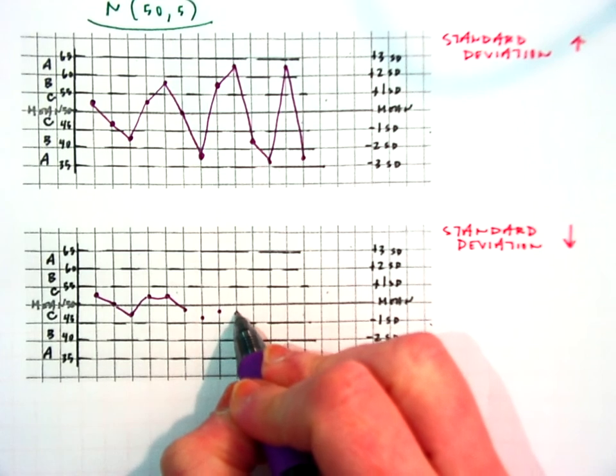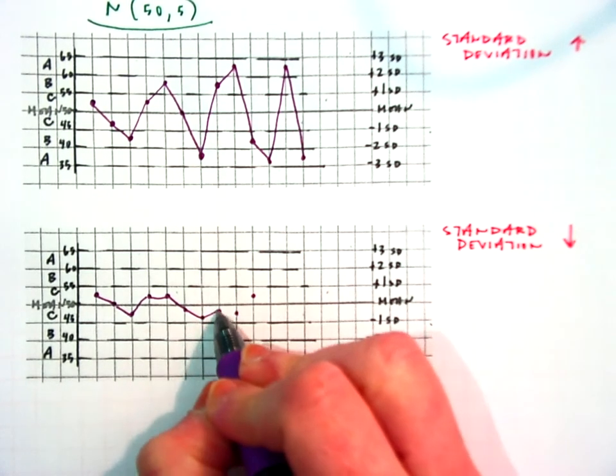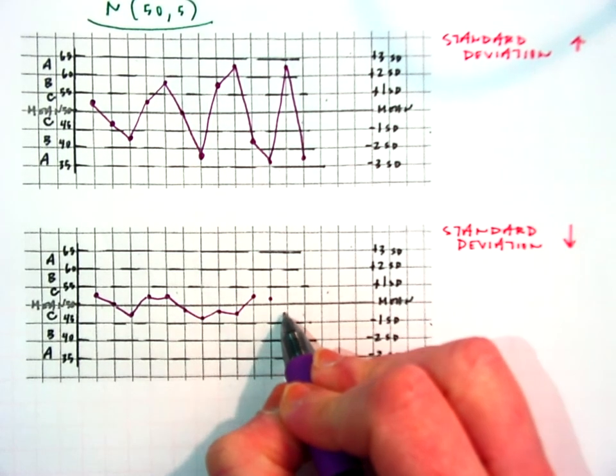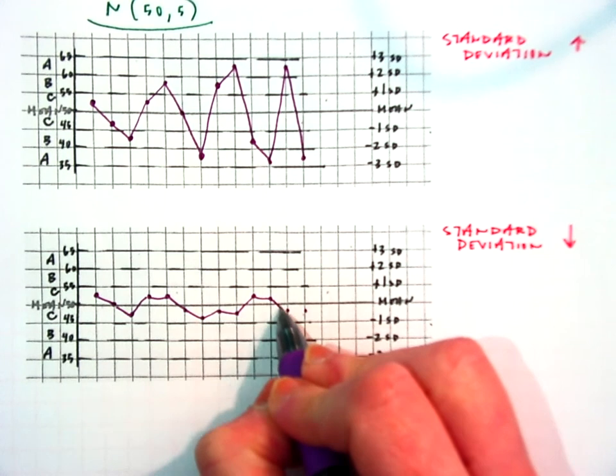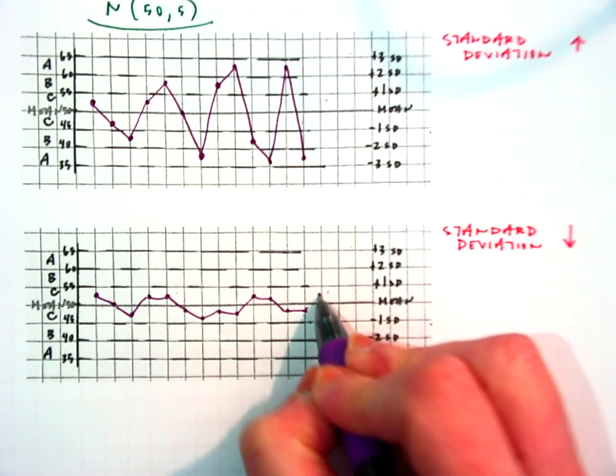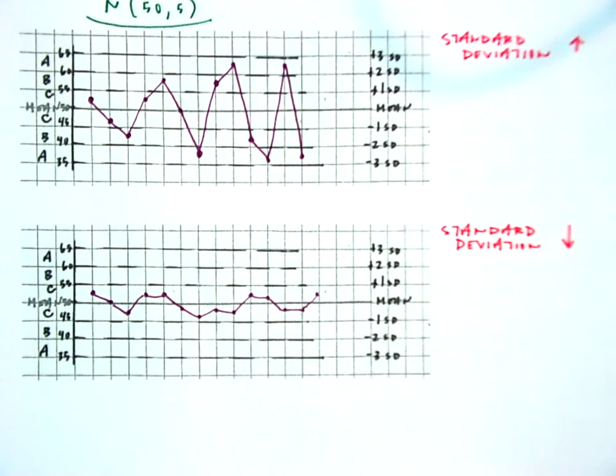That's not shocking to me. But I'm not seeing anything right now that's even in zone B or A. So let's say I just stop like that. I can see that my data is much more packed together around the mean, more concentrated, more consistent than when we initially set our mean and standard deviation. This would be an indication that the standard deviation has decreased.